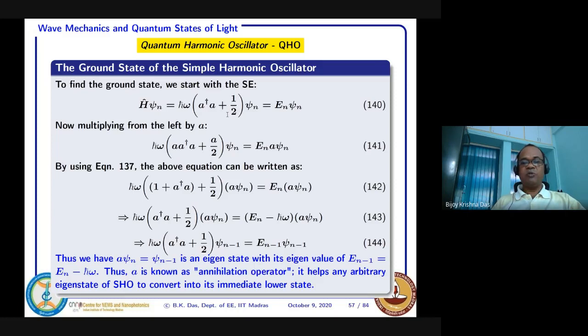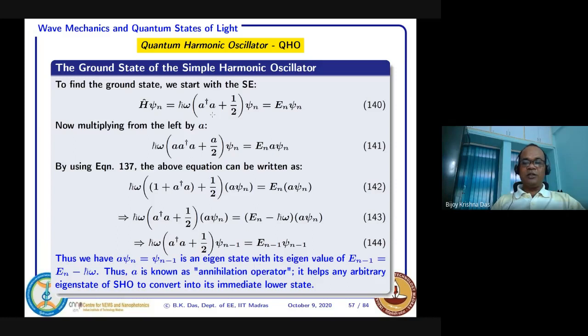It is easy to remember, because you have to use this equation again and again. A dagger means something like a plus symbol, coming first, so it is plus. Then the Hamiltonian operating on psi n gives the energy eigenvalue corresponding to psi n. Even though we are not putting a hat here, they are operators; you should keep that in mind.